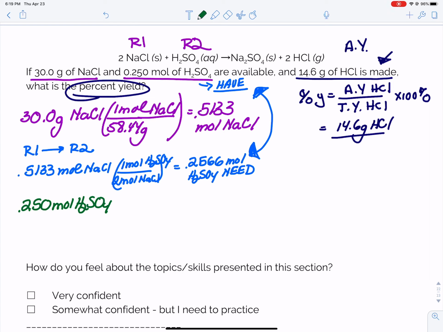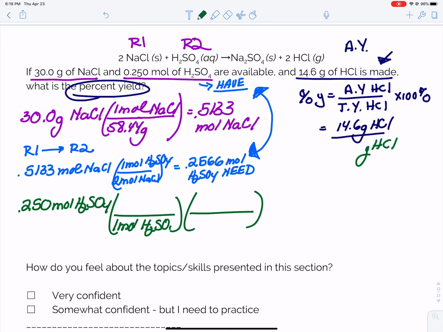Now, right, I need to find the theoretical yield in terms of grams of HCl. 2 parentheses, right? 1 mole of H2SO4 will make 2 moles of HCl, right? If it's mole over mole, I get the coefficients. The coefficients from the balanced chemical equation are what I use.